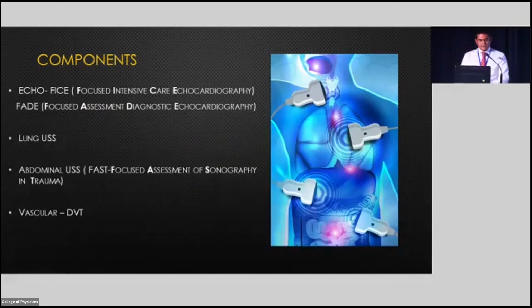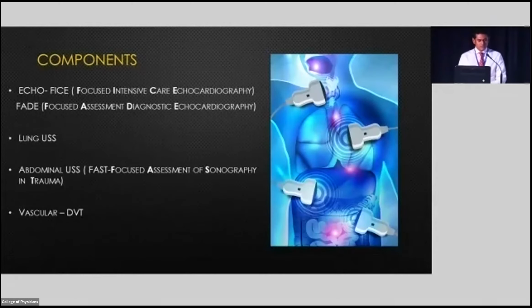There are several components of ultrasonography or echocardiography. Echo mainly deals with the heart. There are several abbreviations used, like FICE, which is focused intensive care echocardiography, and also FADE, which is focused assessment diagnostic echocardiography, and lung ultrasound, imaging the lung.